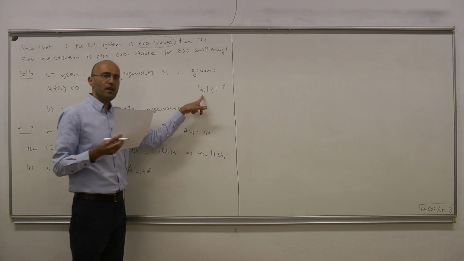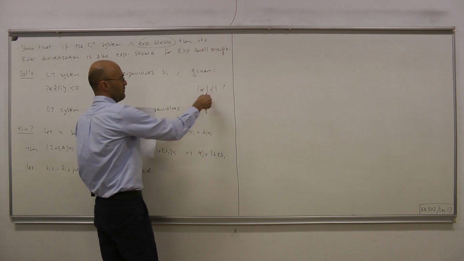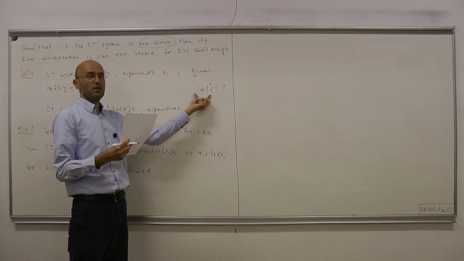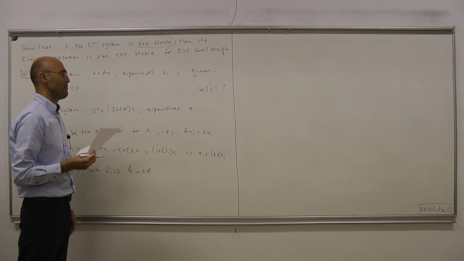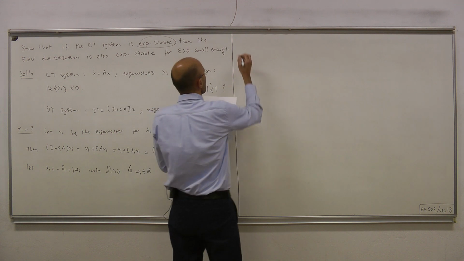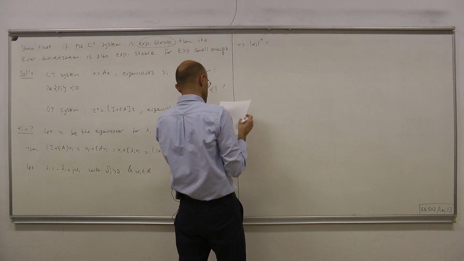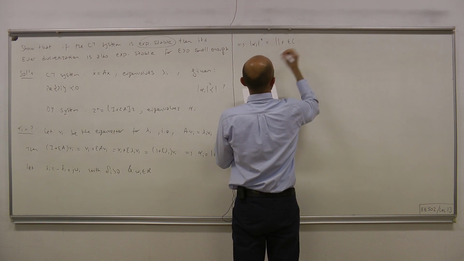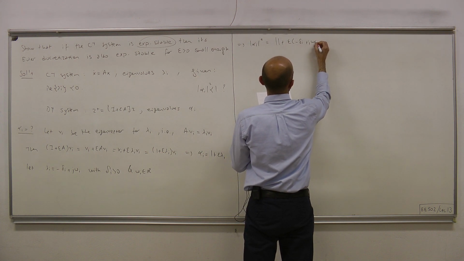Now let's concentrate on this norm. It's easier to work with the norm square, because if this is true, then this is also true. Therefore, for notational convenience, let's work with the magnitude square of alpha i. So, alpha i magnitude square equals the magnitude square of 1 plus epsilon lambda i, and lambda i we now write as minus delta i plus j omega i.